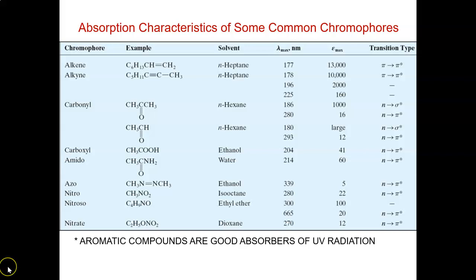Okay, this table shows the absorption characteristics of some common chromophores. Remember chromophore? A chromophore is the unsaturated functional group that absorbs UV radiation. You do not need to memorize the lambda max.